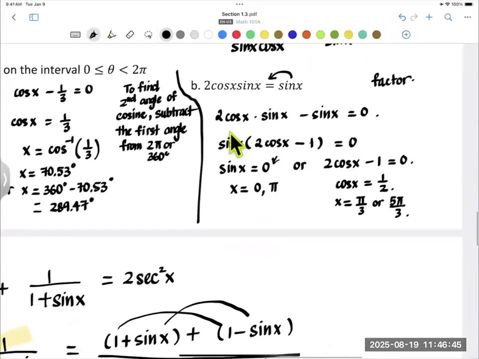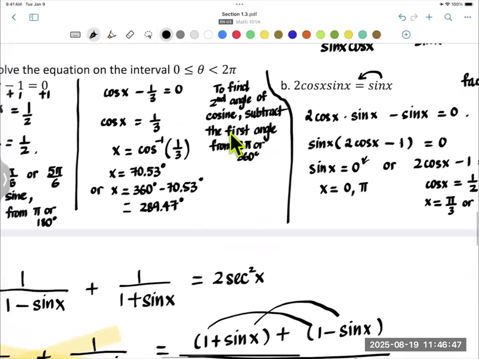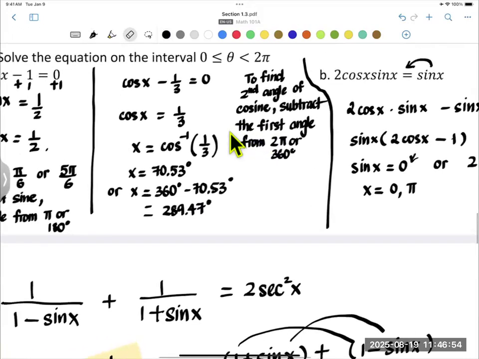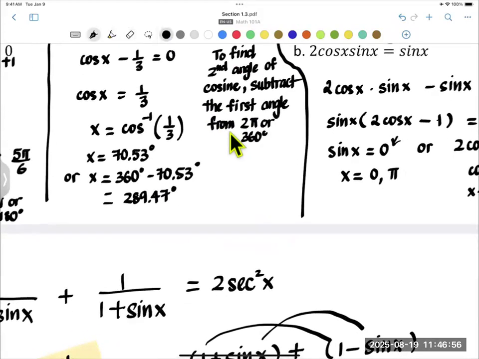If you want the answer in degrees, you can just convert that to degrees. I think the question wants you to leave your answer in radians, so I'm going to go back to the problem in the middle and make that in radians. If you want to leave your answer in radians, no problem.